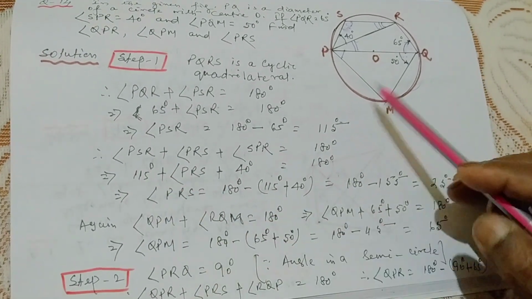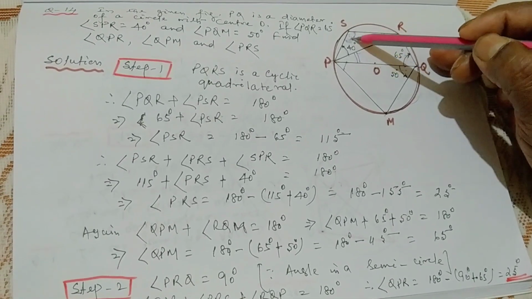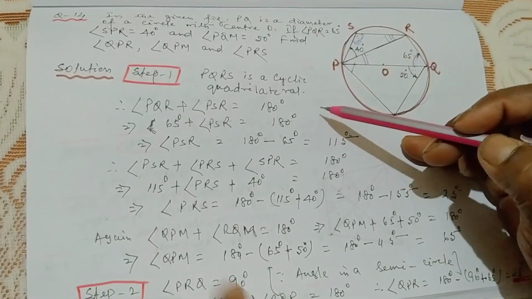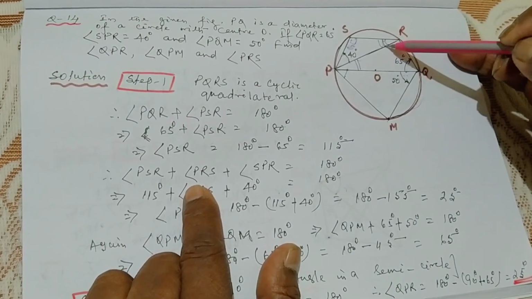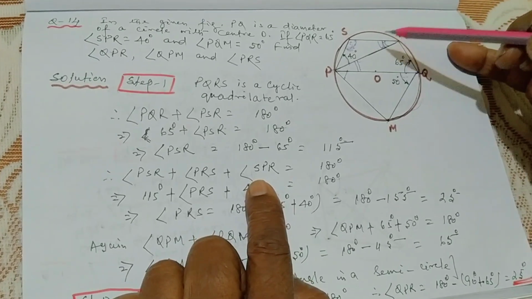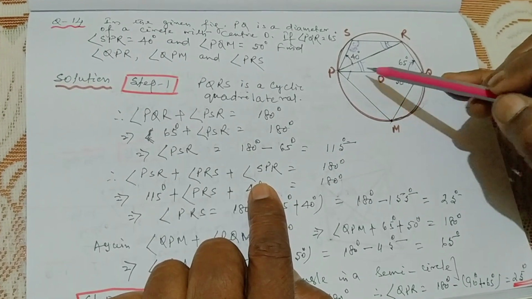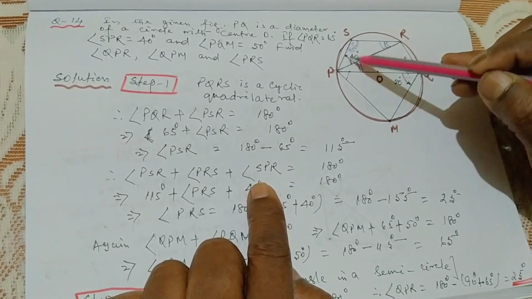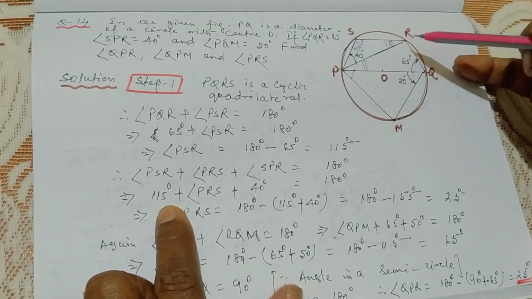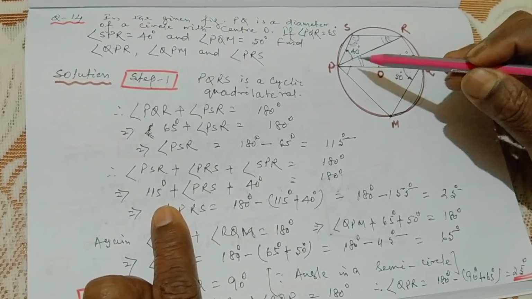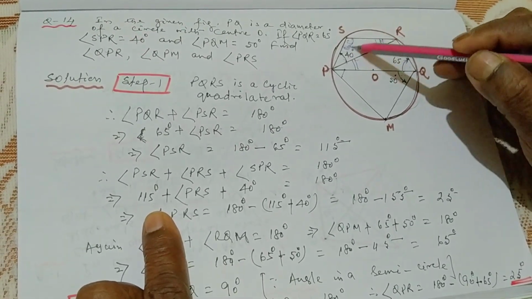Angle PSR plus angle PRS plus angle SPR. That means in the triangle PRS, the sum of the three angles is equal to 180. So PSR is equal to 115 degree, already you have calculated.